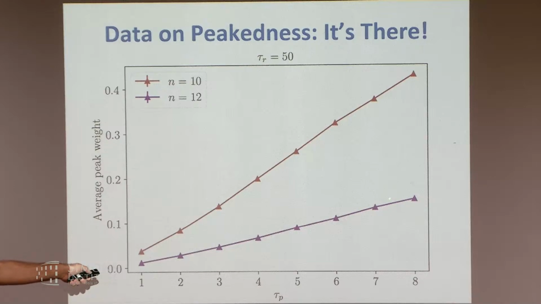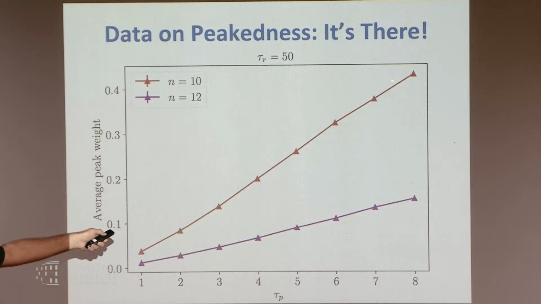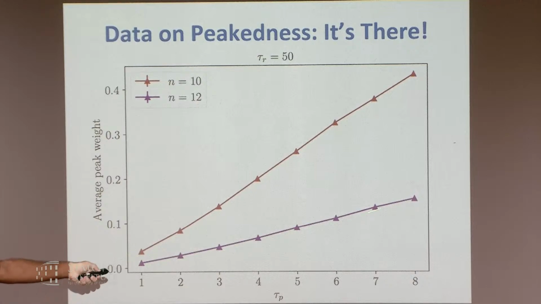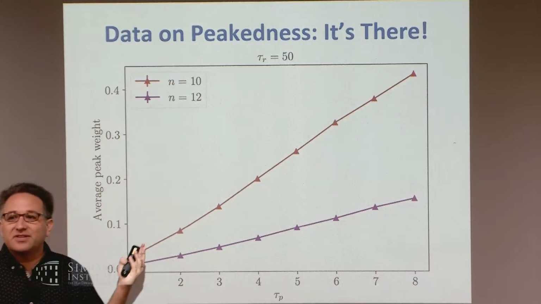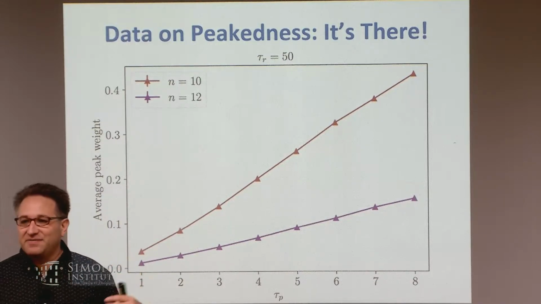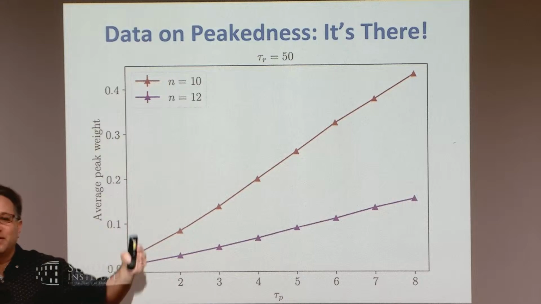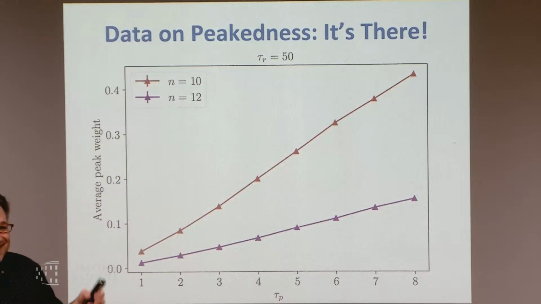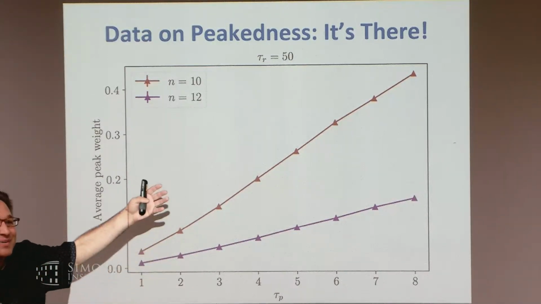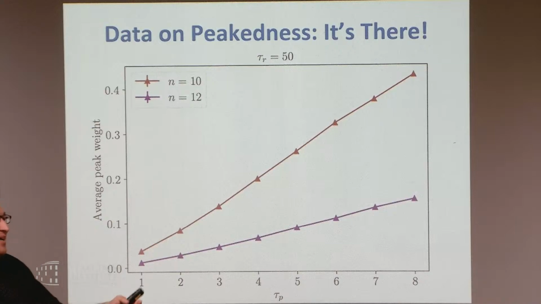The amount of peakedness, with 10 qubits, goes almost up to a half, and with 12 qubits it's going above a 10th. This would just not have happened if we had thought of the output of the random layers as a Haar random state. So there is something exploitable about the output of those random layers.